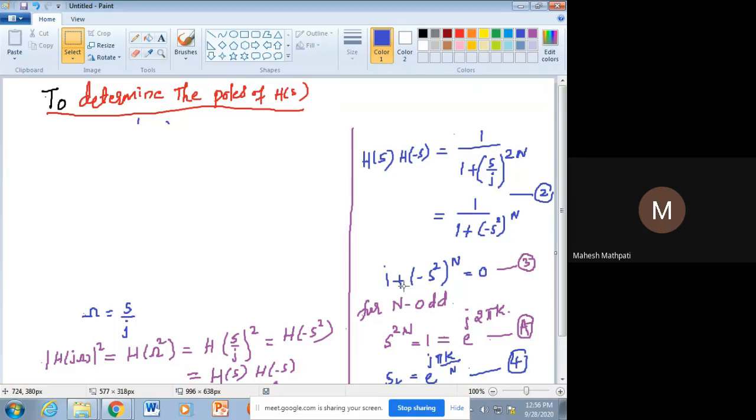So in that case, we can write it simply as s to the power 2n is equal to -1.